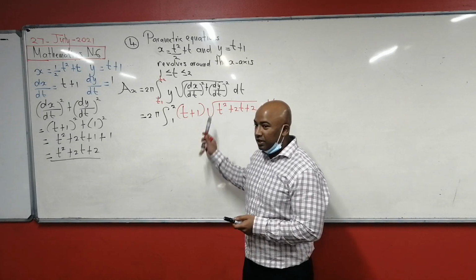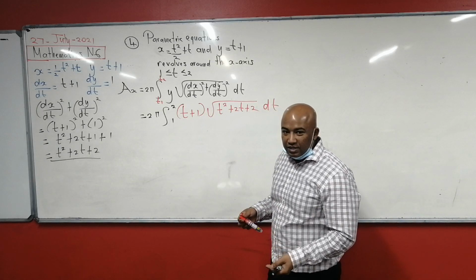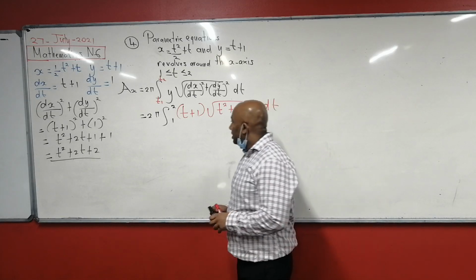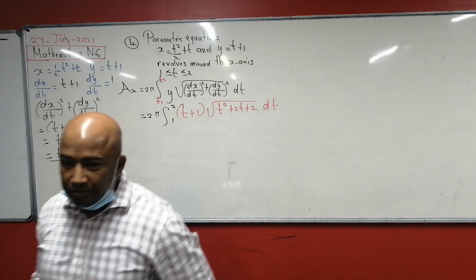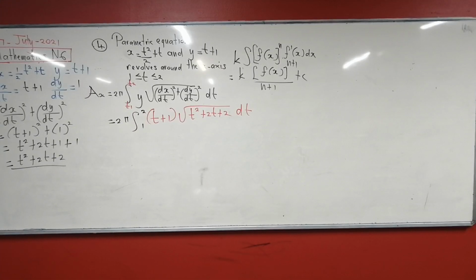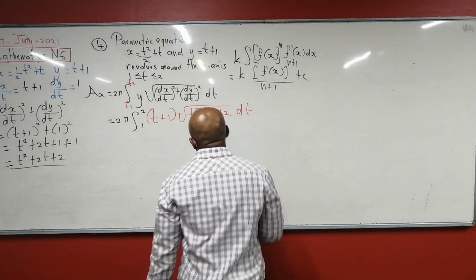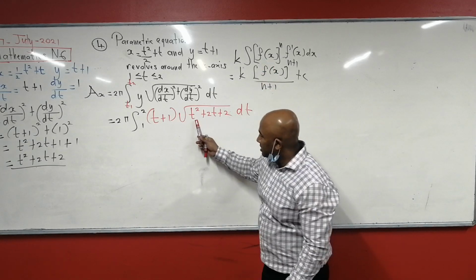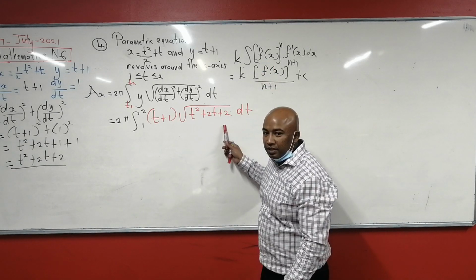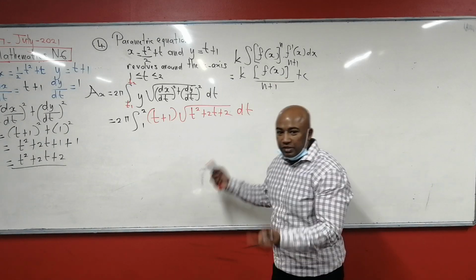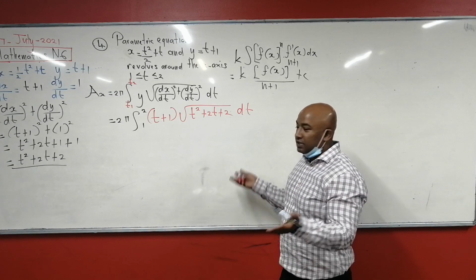This is not 2t plus 2, but it can be manipulated. You must recognize whether it is possible to do it by inspection. Use substitution. If that doesn't work, then maybe it's integration by parts.